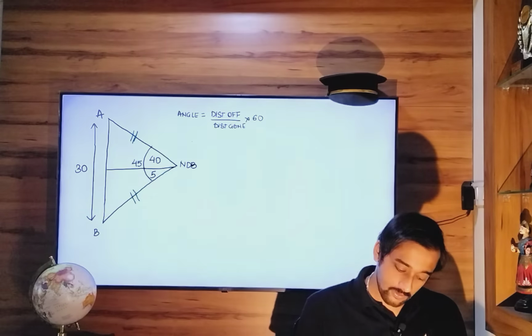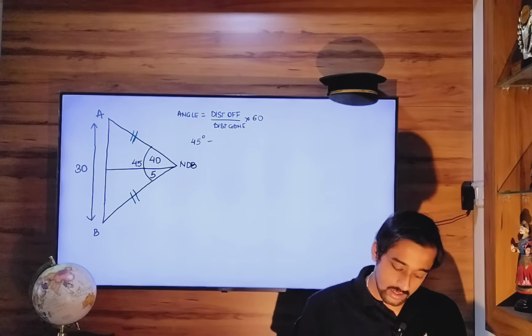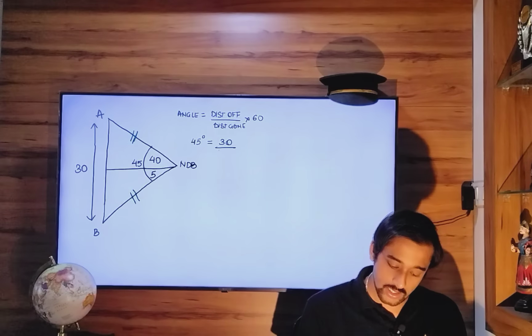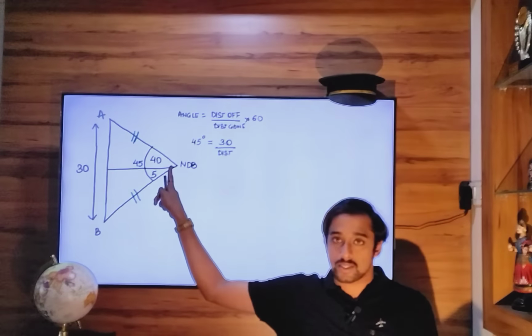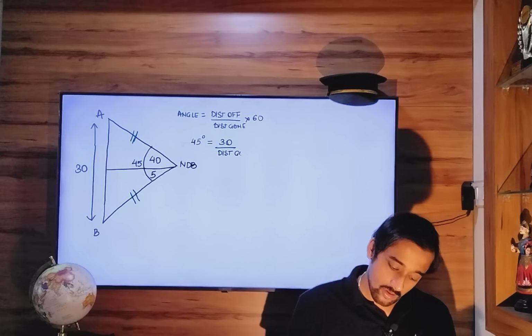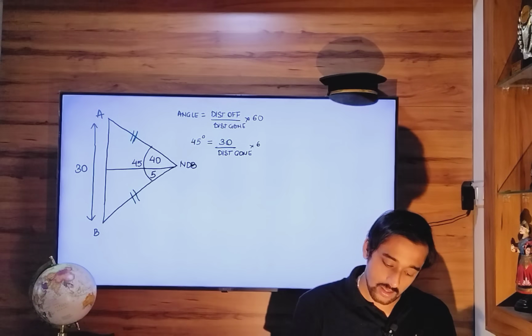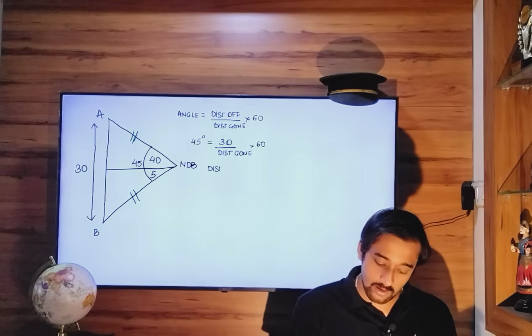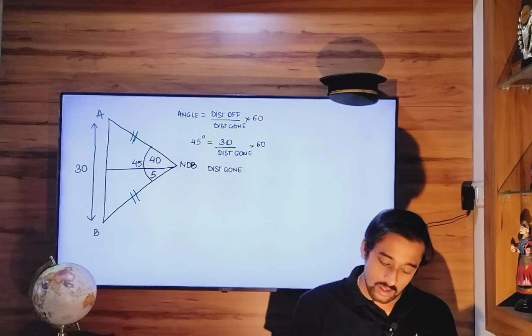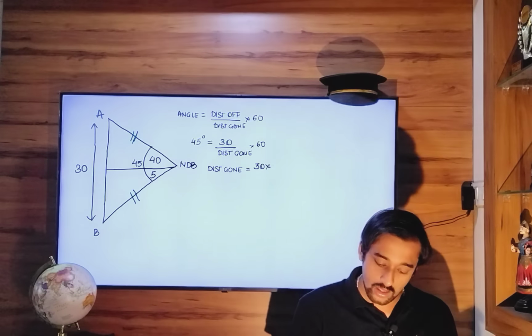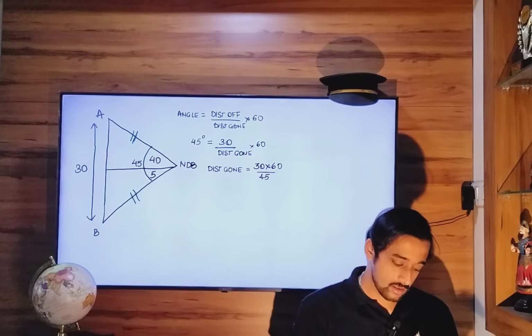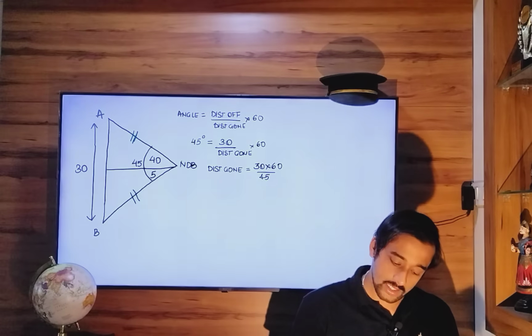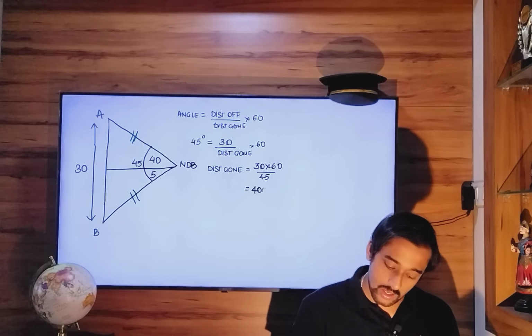So angle is 45 degree. Distance of track is 30. Distance gone we will find, which is this distance, into 60. So distance gone will be equal to 30 into 60 by 45, that is equal to 40 nautical miles.